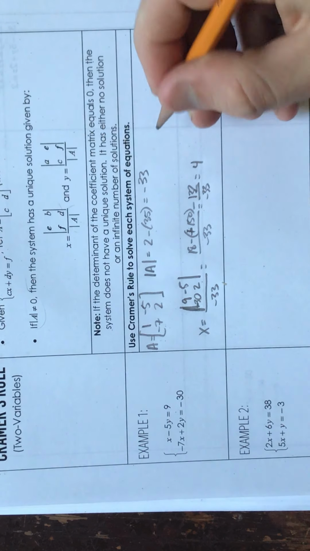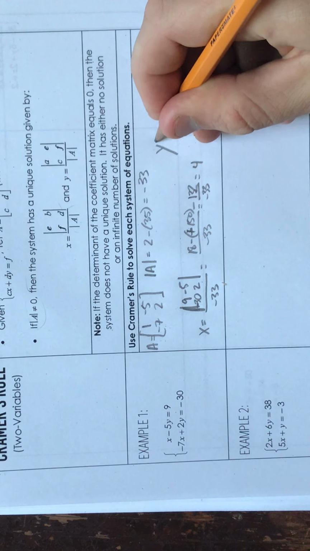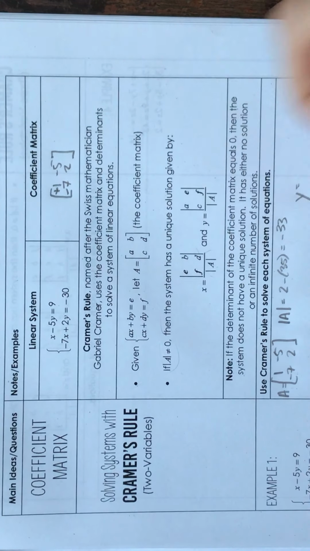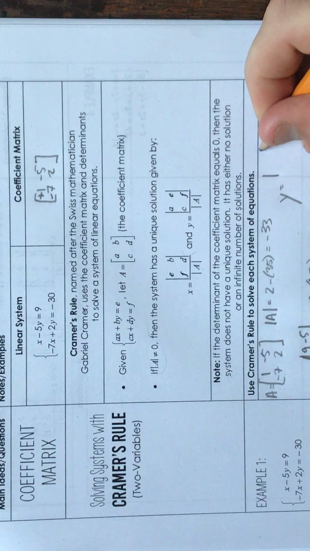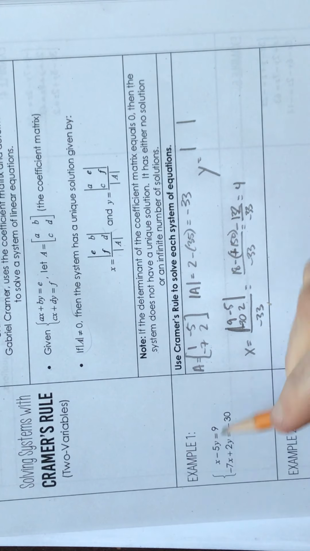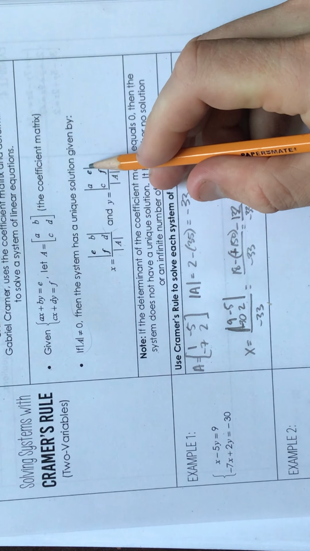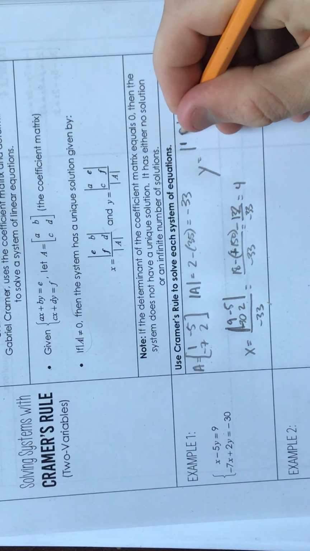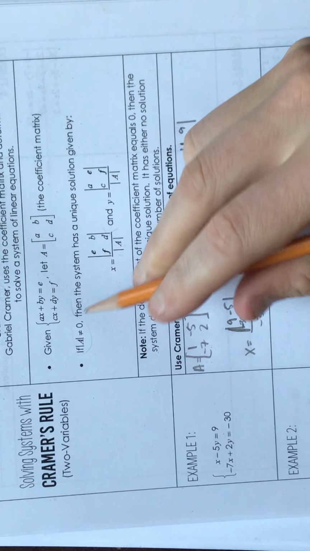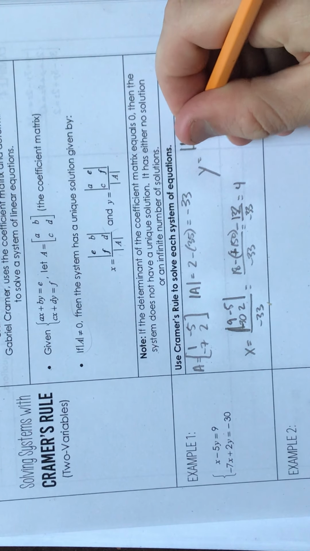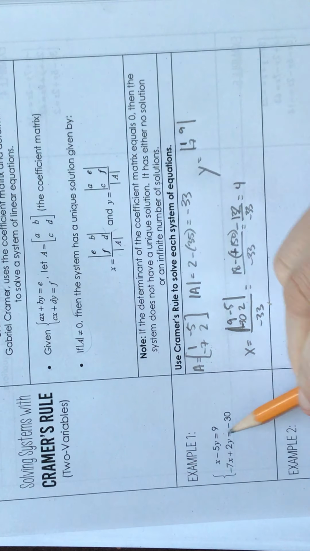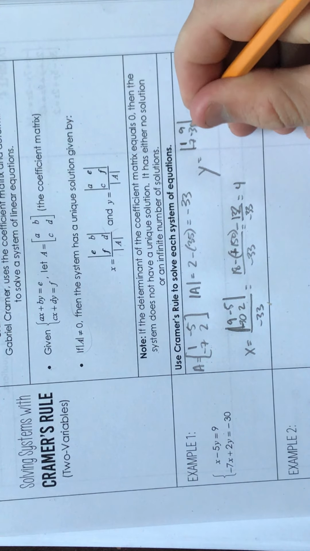And then we're going to do the same thing for y. Remember, you have to pay attention to this situation here. Our A value is 1, and we have E, that's 9. And C is going to be -7, and F is -30.